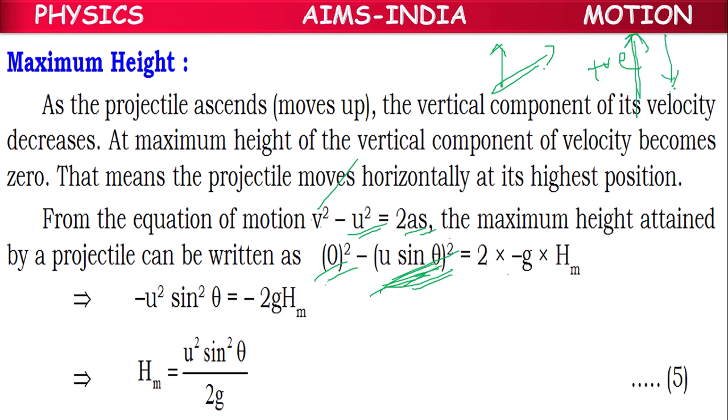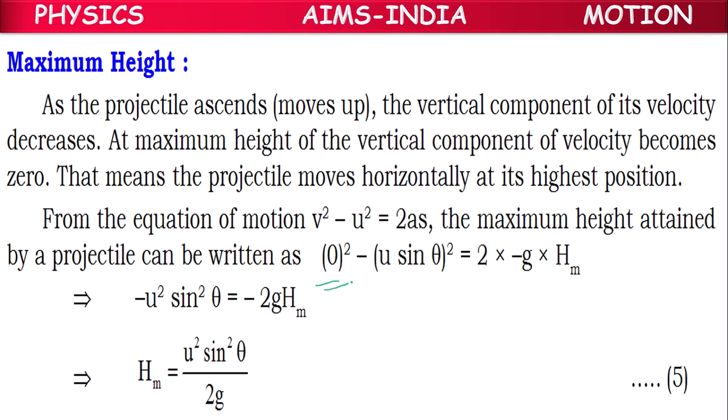Acceleration acts downwards, so g is taken as negative. In place of acceleration, we can keep minus g. In place of distance, we can keep H_m, because the distance traveled is the maximum height, H_m.